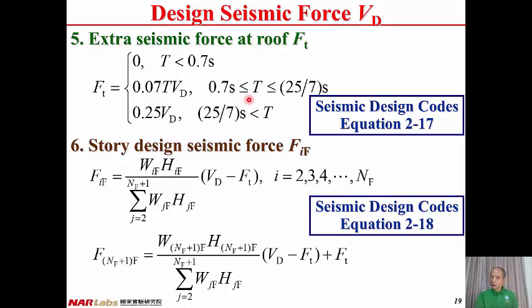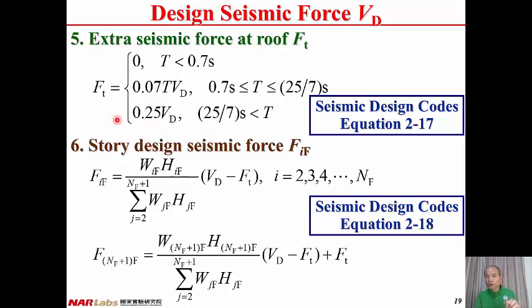If the structural vibration period lies between 0.7 seconds and 25/7 seconds, then we have extra seismic force, Ft equal to 0.07 T times Vd. And if the structural vibration period is larger than 25/7 seconds, then the extra seismic force applied at the top of the building, Ft, equal to 0.25 Vd.